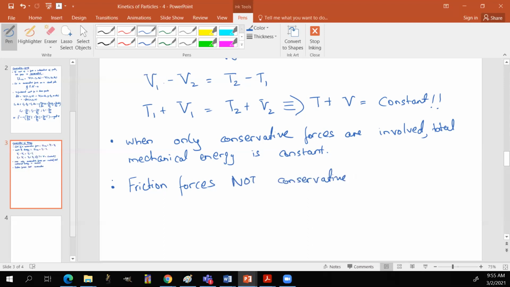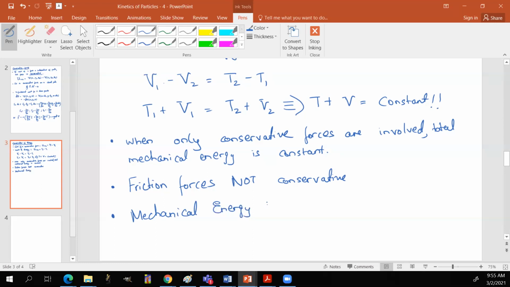All right, and what's happening to the energy due to friction? You always lose it to the surroundings. So basically, when friction comes into the picture, make sure that you just take it out of your initial energy condition.